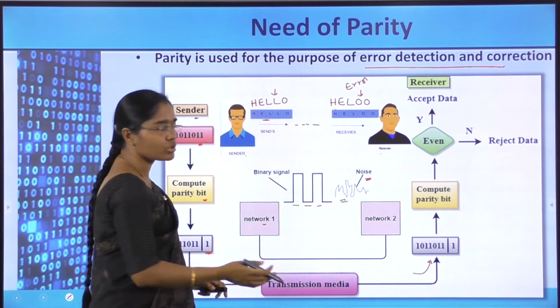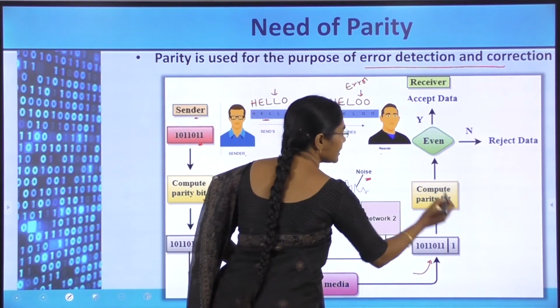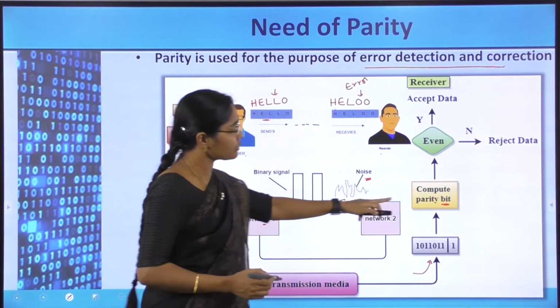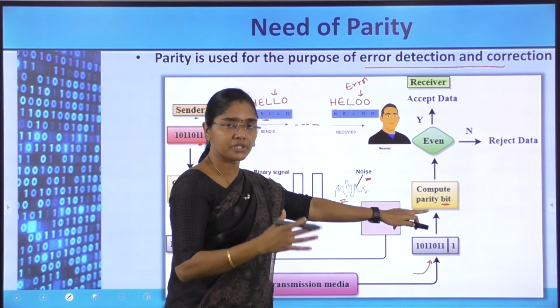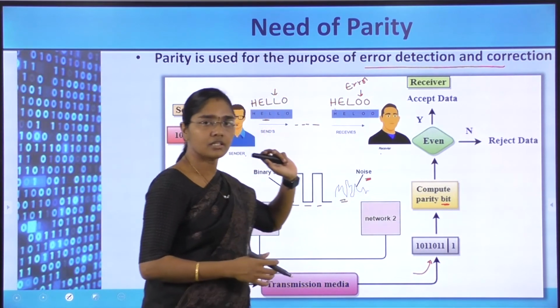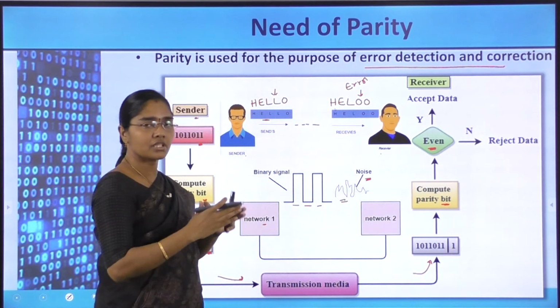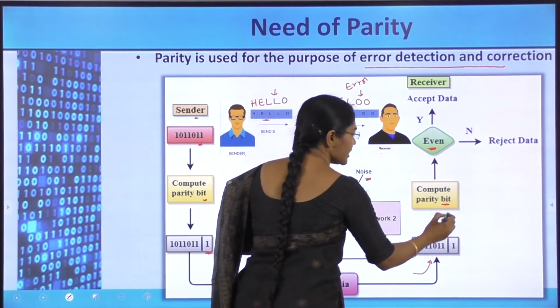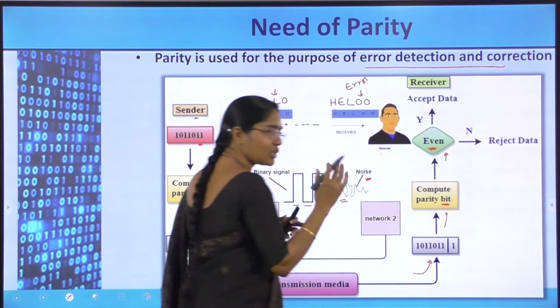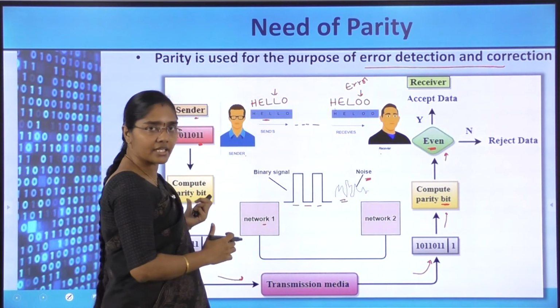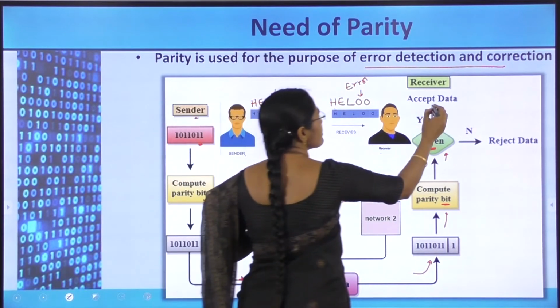Data plus parity both will be received, and here again the next step is to compute the parity bit. The computation of the parity bit from the received data. Now, if the parity of the received data is equal to the parity of the sending data, then that message will be accepted.